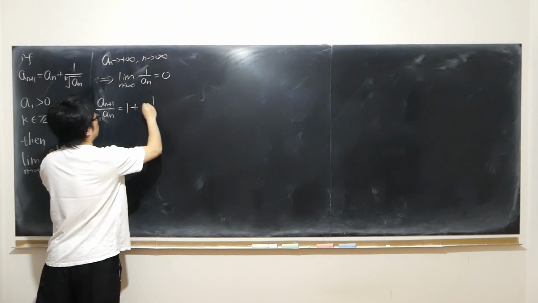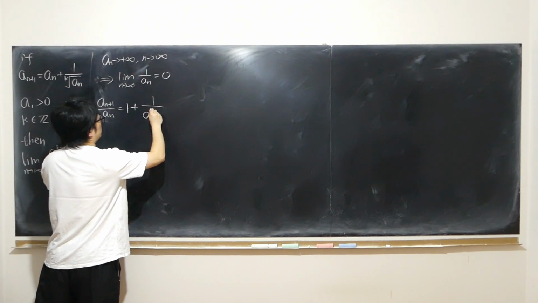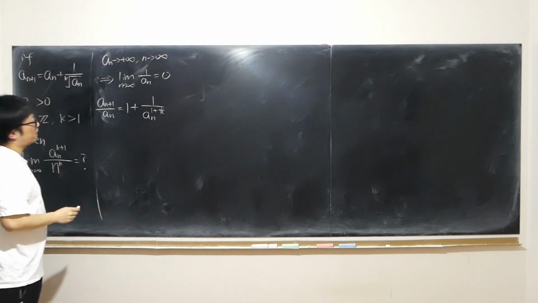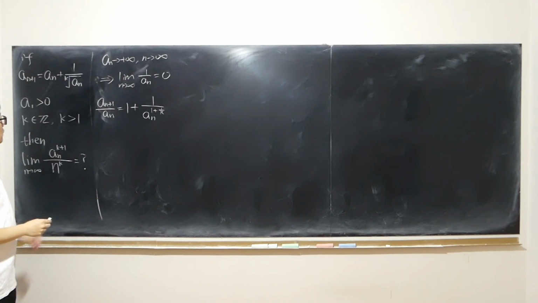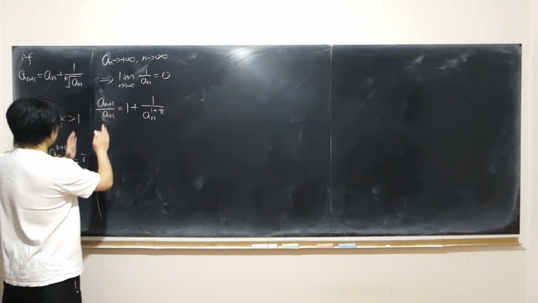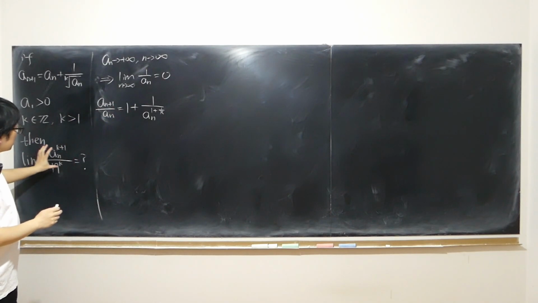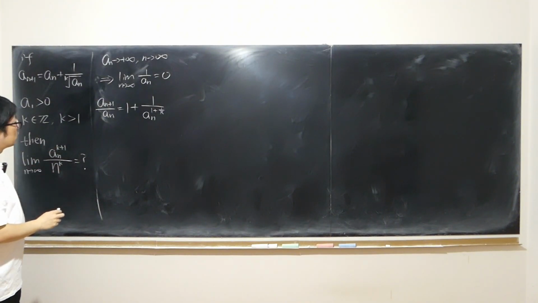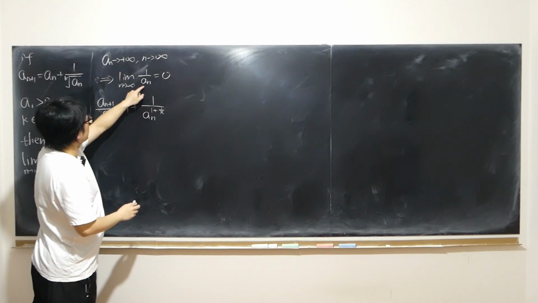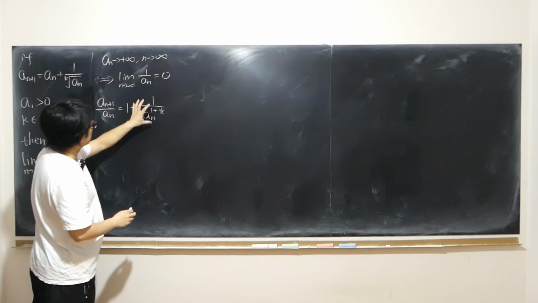So 1 over a_n to the power of 1 plus 1 over k, where k is a positive integer greater than 1. So, like I said, we have to determine this limit. But if we look at this, the limit of 1 over a_n is already 0, so is this one.